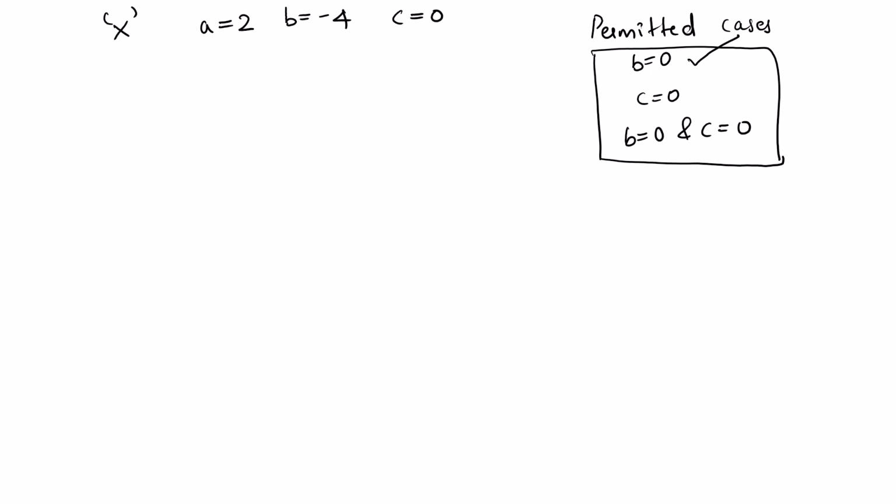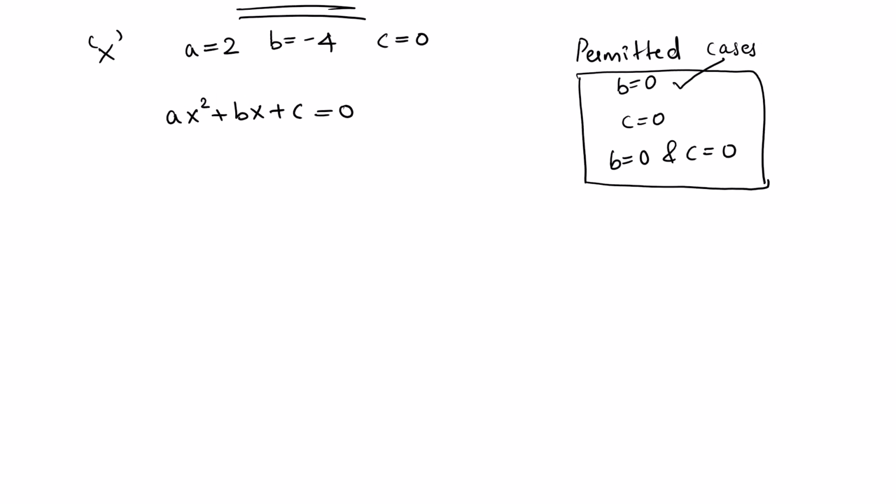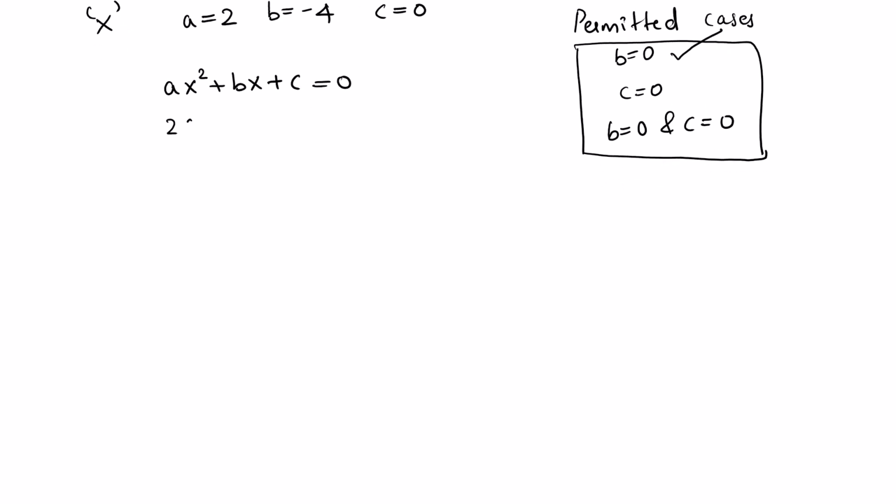So what is the standard equation? ax square plus bx plus c equal to 0. Now substitute for a, b and c. So the equation becomes 2x square minus 4x plus 0 equal to 0.